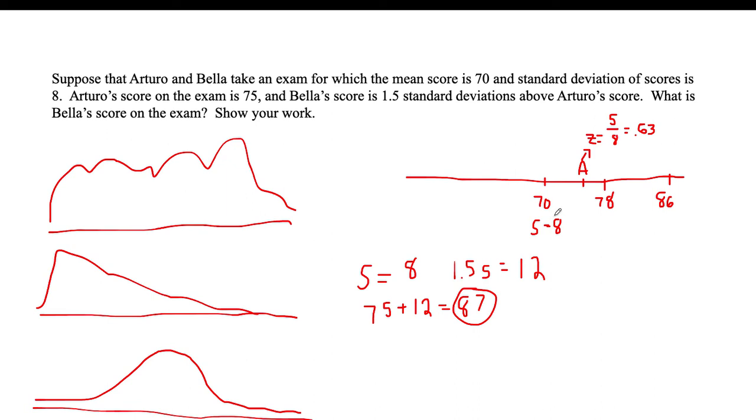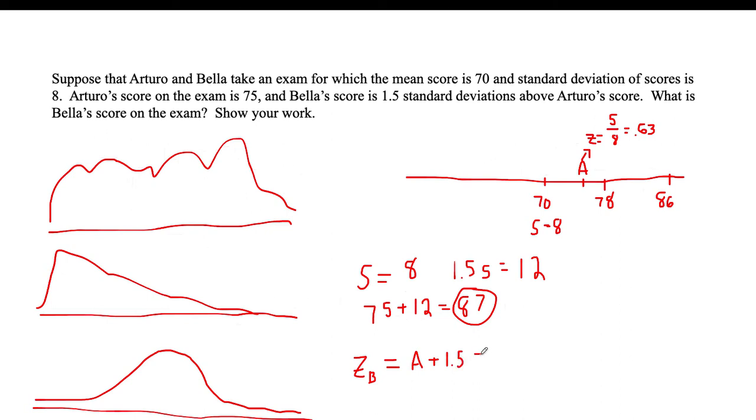So I know the comparison of Arturo and Bella's scores in terms of standard deviations, right? We know that it's 1.5 standard deviations above. So Bella's z-score is supposed to be Arturo's plus 1.5.